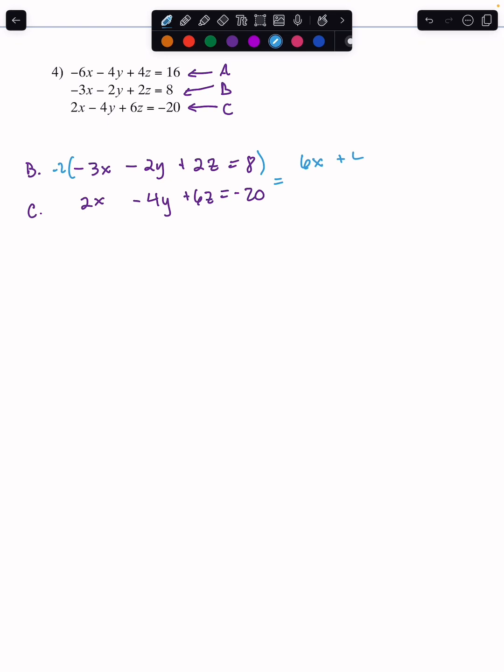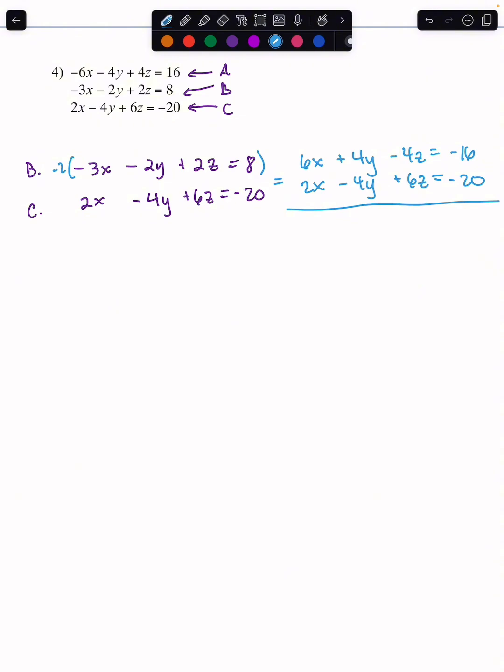And then you would end up with, the bottom line didn't change. 2x minus 4y plus 6z equals negative 20. So this is a combination of A. Oh, not a combination of A. This is a combination of B and C. So that goes away.